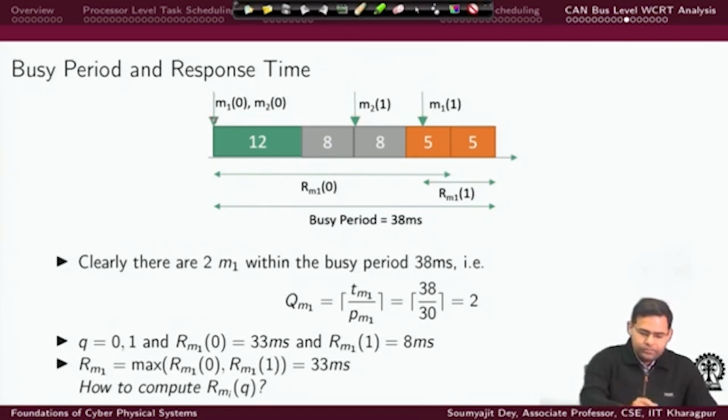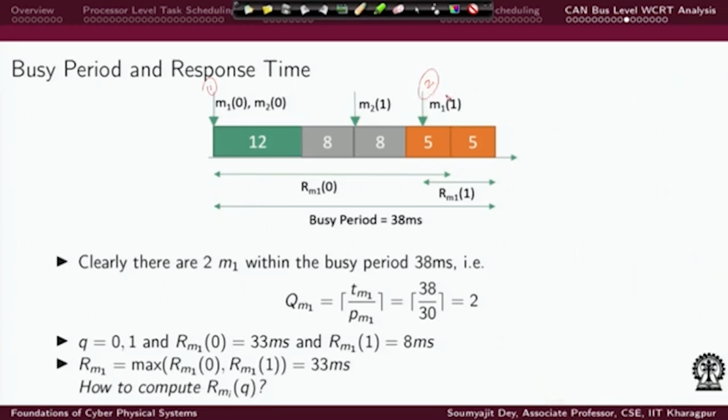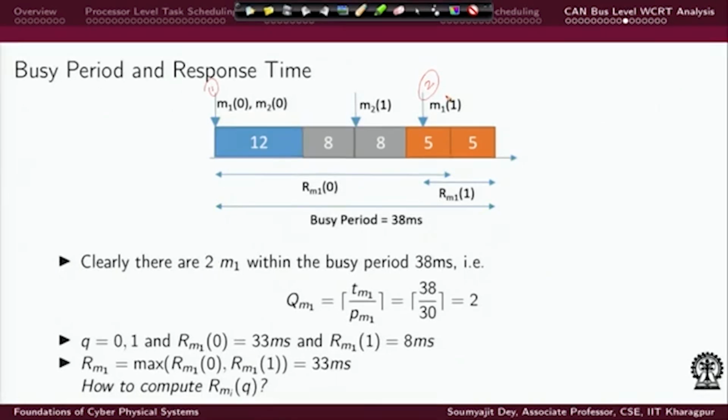So this was M1's first instance and this was M1's second instance here, right. And so inside this overall busy period of 38 milliseconds that we calculated, for the first instance, as you can see, the first instance has the release here and the transmission ends here, right.